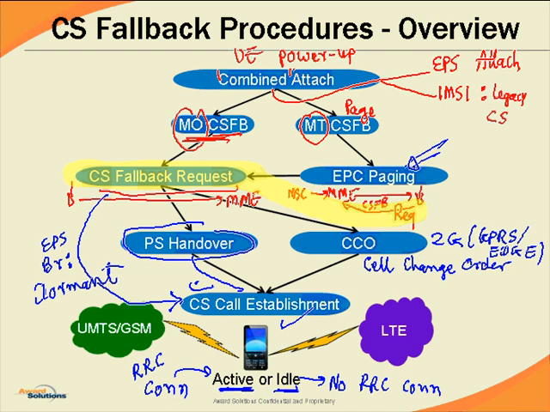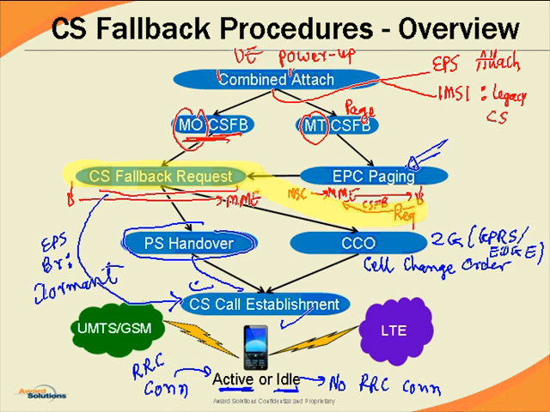Now, another question: when we have multiple technologies, 2G, 3G, 4G, there are a lot of options. Then UE needs to register in multiple technologies, 2G, 3G, and 4G. First of all, LTE has the highest priority in terms of connecting to a technology.